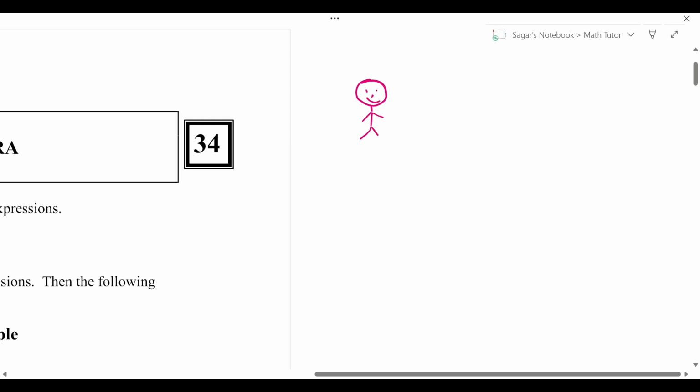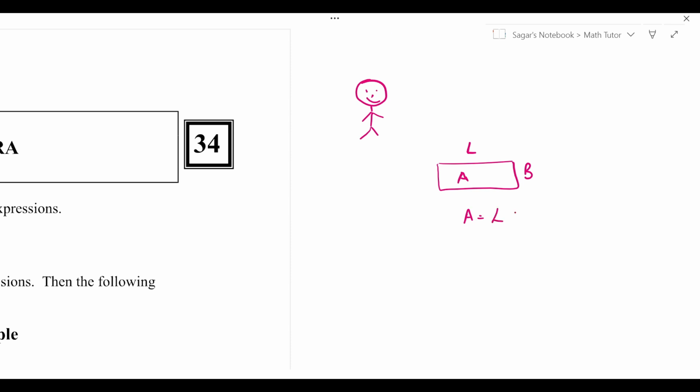This builder wants to create a foundation to build a skyscraper. He has the area, he has the breadth, and the length he does not know. We do know the area is equal to length times breadth, right?